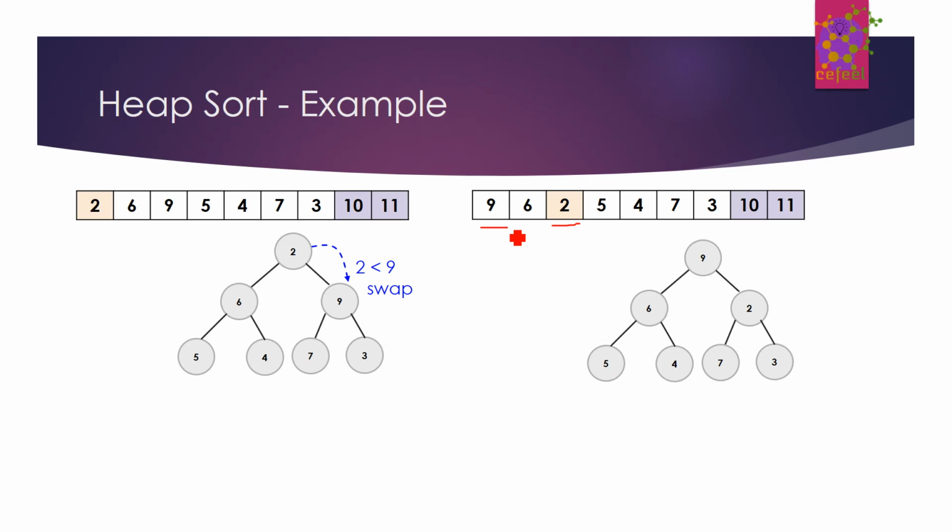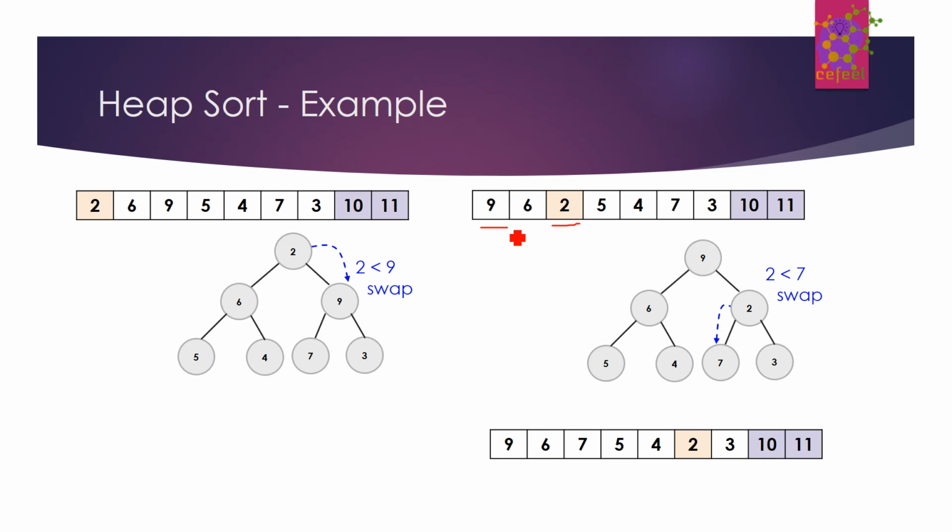2 has 2 more children, which are 7 and 3, and the maximum of those is 7. We'll have to compare 2 with 7, and notice we'll need another swap here because 7 is greater. So 7 will now become the parent of 2, and we will result in this. 7 and 2 are swapped here, and so 2 will become its left child.